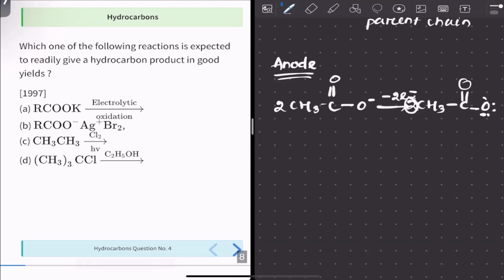And these two free radicals will combine to liberate two CO2. After liberating CO2, it will form two CH3 free radicals.